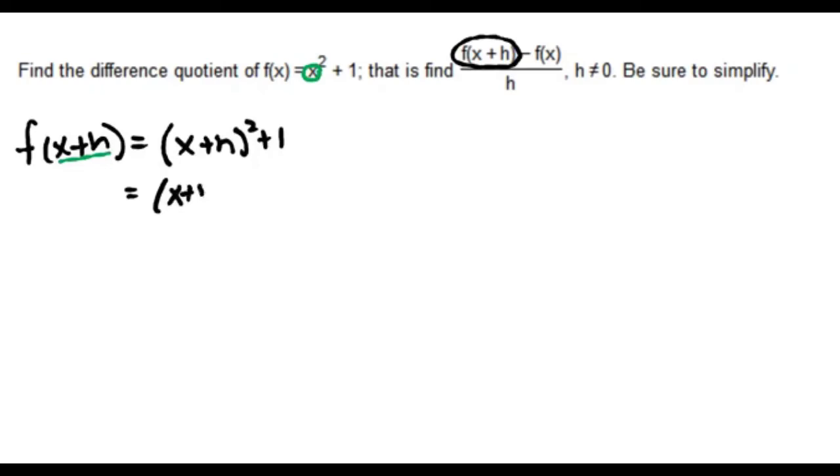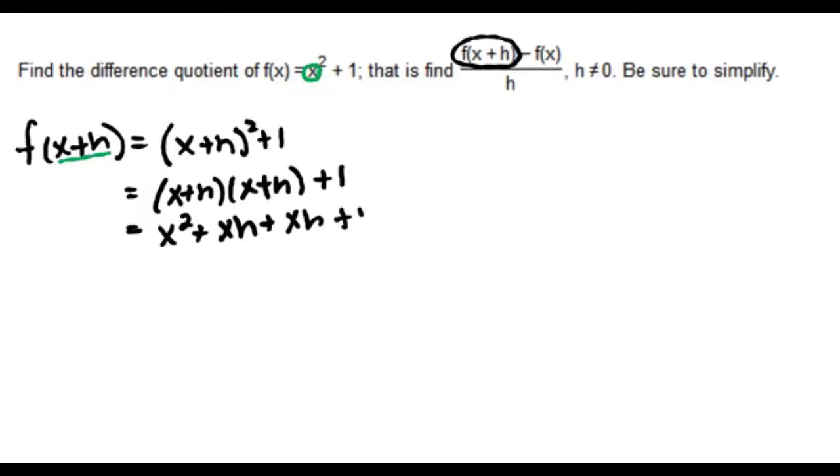So we'll multiply x plus h times x plus h. Carry down that plus 1. We'll multiply this out. X times x is x squared. X times h is xh. H times x is also xh. H times h is h squared, and once again carry down that plus 1.